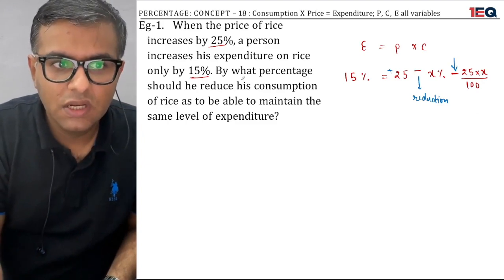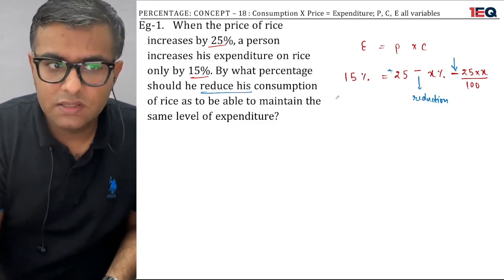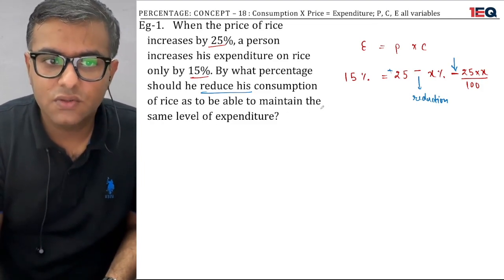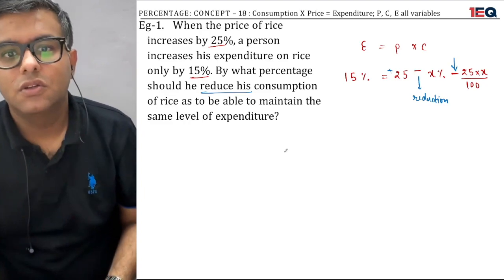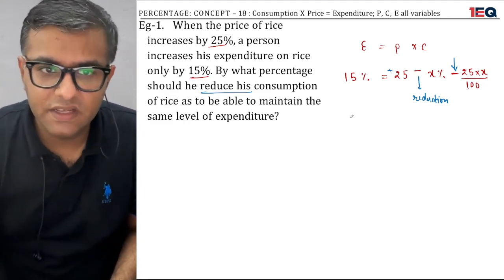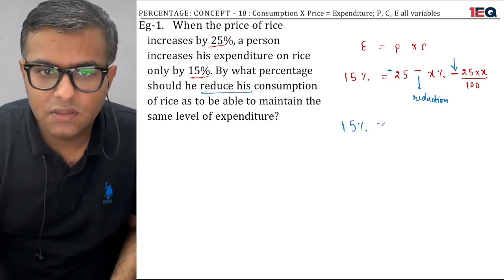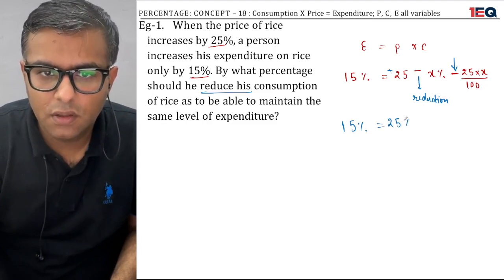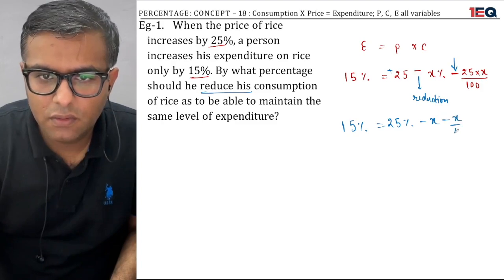So they ask by what percentage should he reduce his consumption of rice so as to maintain the same level of expenditure. I'll be solving the question quickly. 15% is equal to 25% minus X by 4.